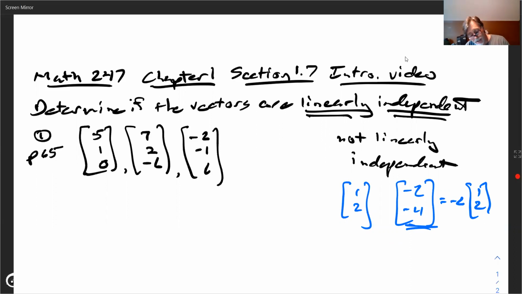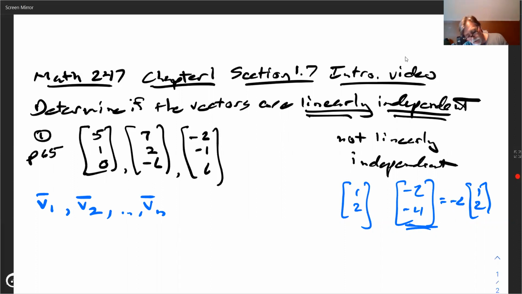The definition of linearly independent vectors is the following. You could say V1, V2, forever, Vn. I have 3 in our example.